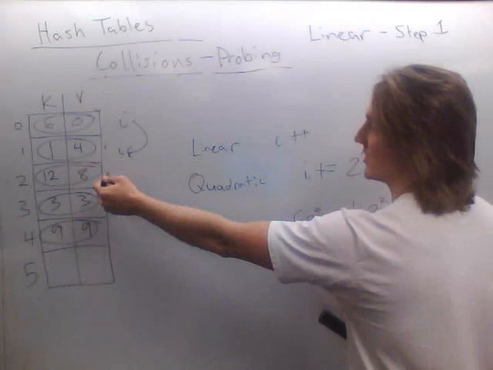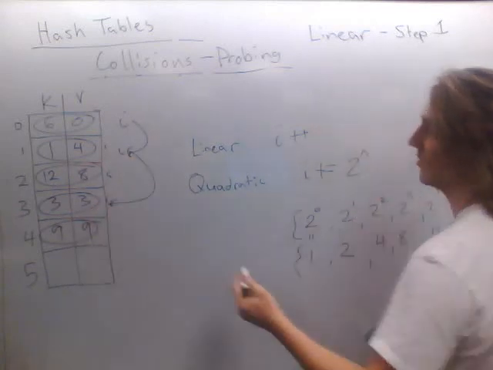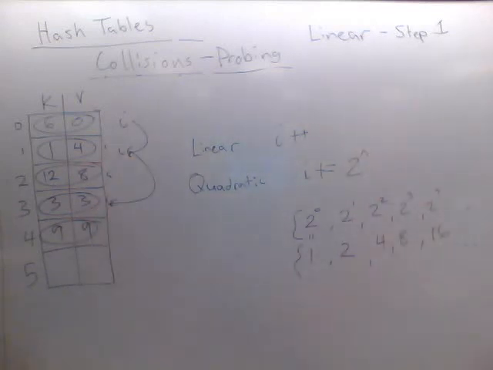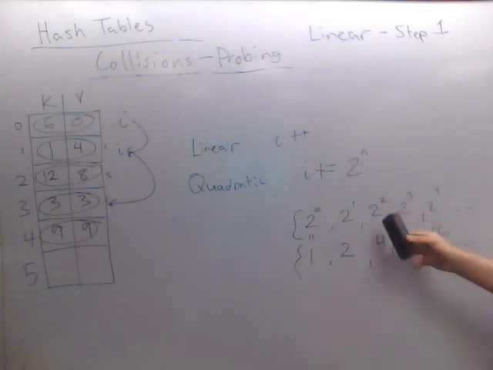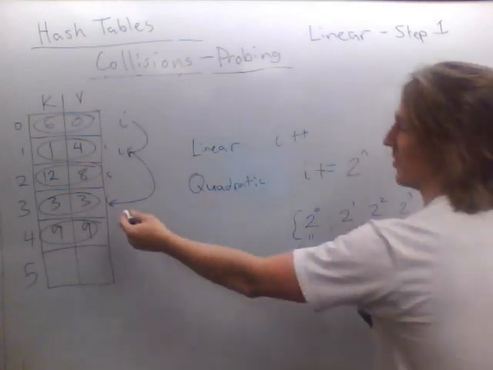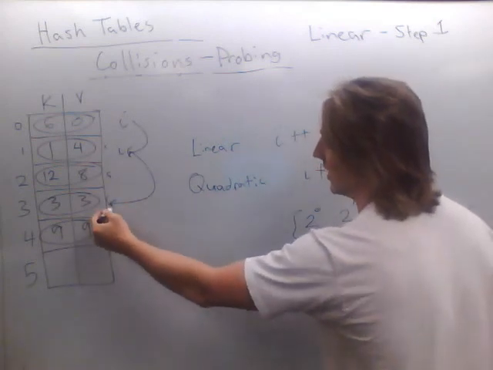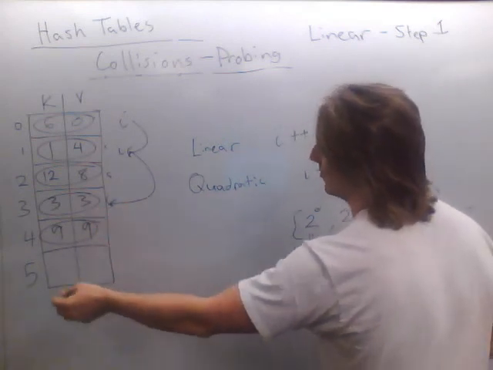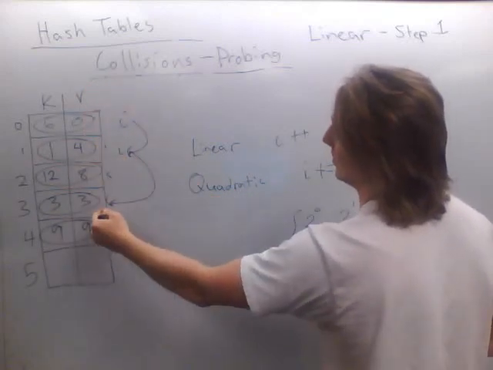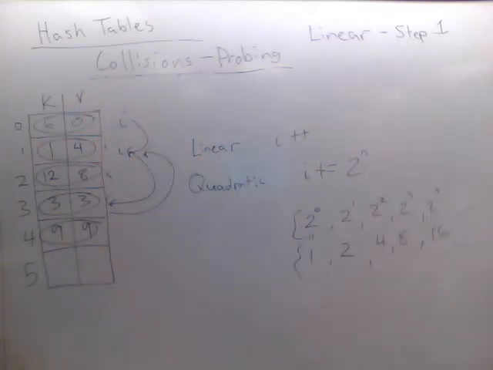So instead of stepping to the next one, now I'll look here. And then on the next collision, I step 1, 2, 3, 4. So you can see if it's an even number, or if the table's full, it can cause some trouble. But quadratic probing is another way of handling collisions.